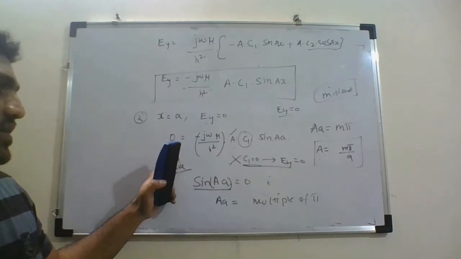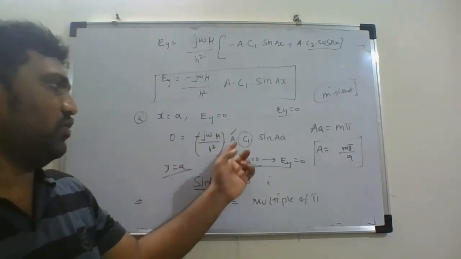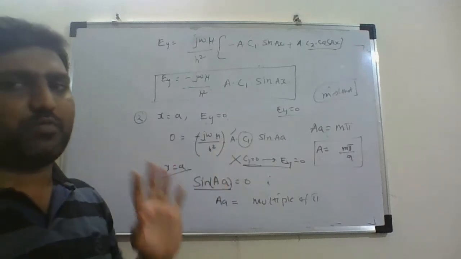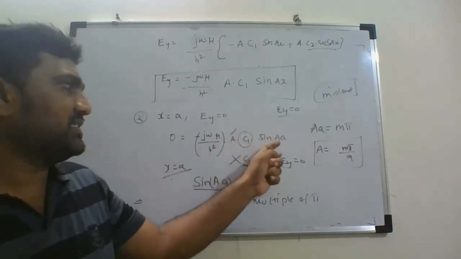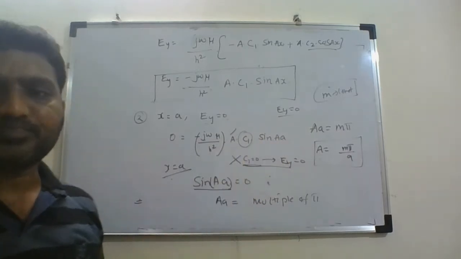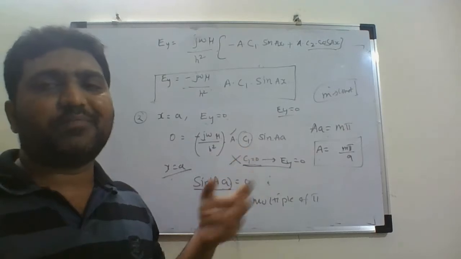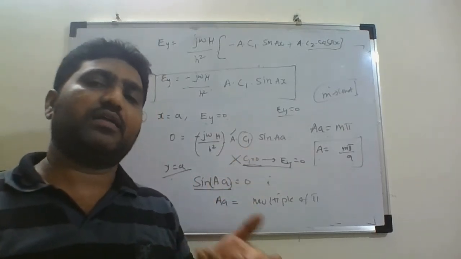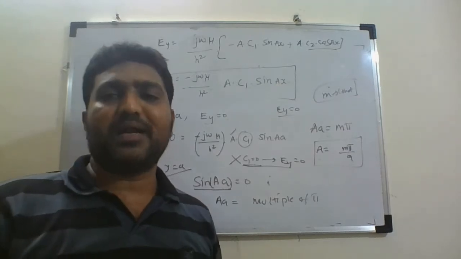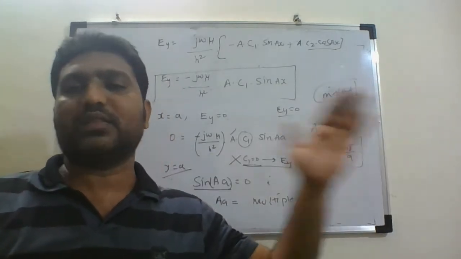Now applying this, we get three possibilities. All these are constant terms which cannot be 0. So we get either C1 equal to 0 or sin AA equal to 0. If C1 is 0, it is a constant, not dependent on X, so its value is 0 at all places along the waveguide.